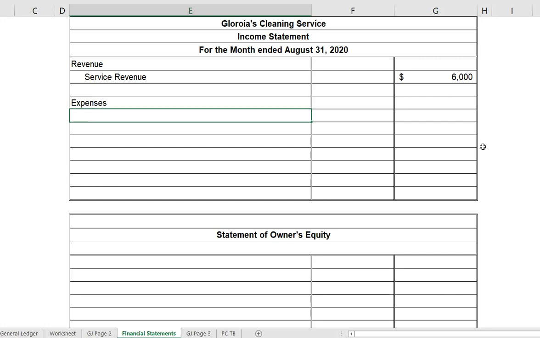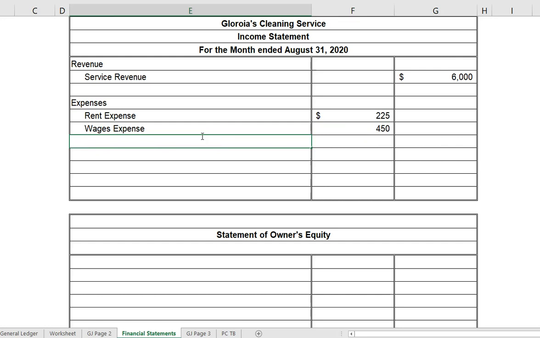Okay, and our first expense is rent expense. You can go back and look at your trial balance if you want. Okay, so we need to make this a dollar sign. There we go, 225, because the first number in every column needs a dollar sign. Next we have wages expense, and that is $450.